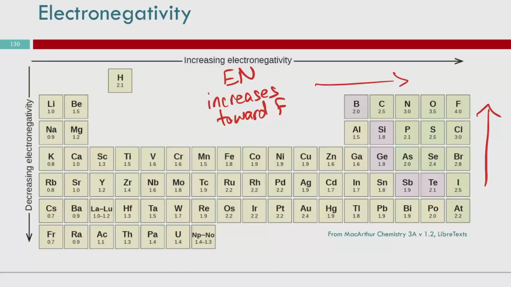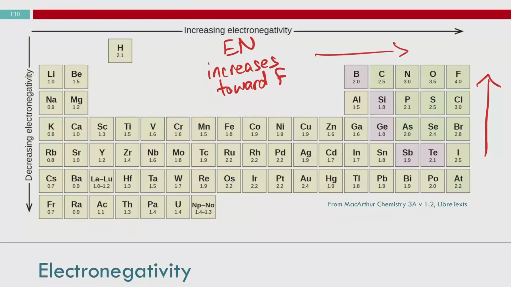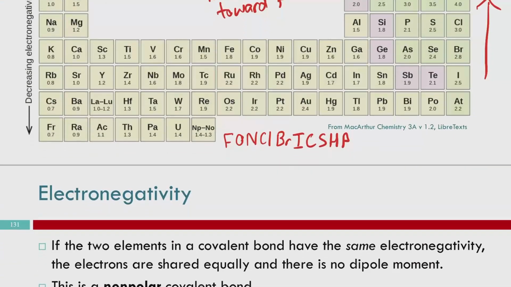They're going to lose in a fight every single time. There's also a mnemonic if you need to know the order. I don't know that it has any value for us, but: Fonkel brick ship. I know, isn't it lovely? That's the electronegativity order of the first however many elements that is. Thank you, undergraduate organic chemistry, for teaching me that one.